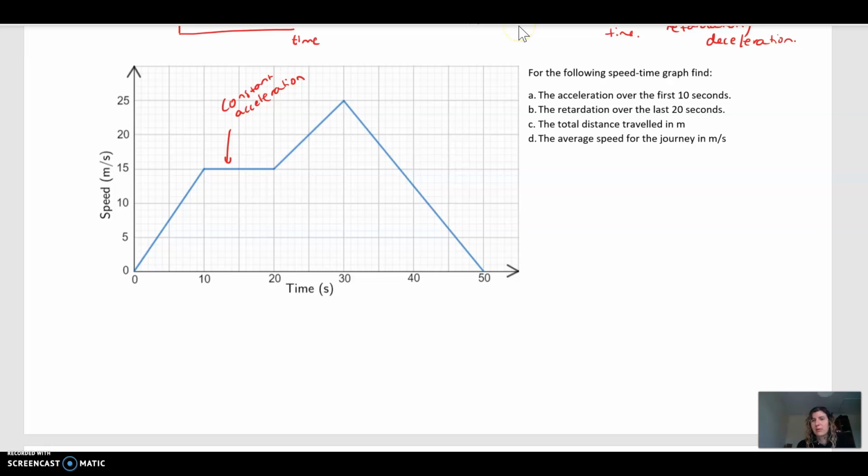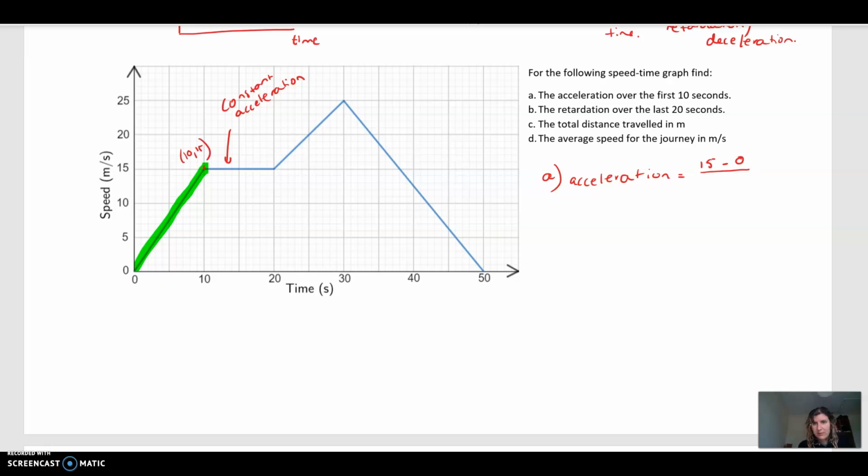Okay, so for the speed time graph, we want to find the acceleration over the first 10 seconds. So if we're looking at acceleration over the first 10 seconds, we're looking at this part of the line. So what is the gradient of that part of the line? Well, our maximum speed is 15. Our smallest speed is 0. And our biggest time here is 10. So we've got that coordinate there, 10, 15.